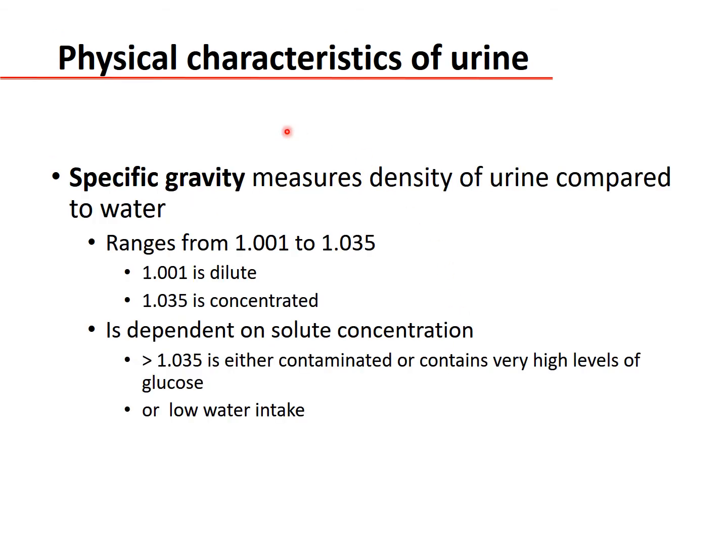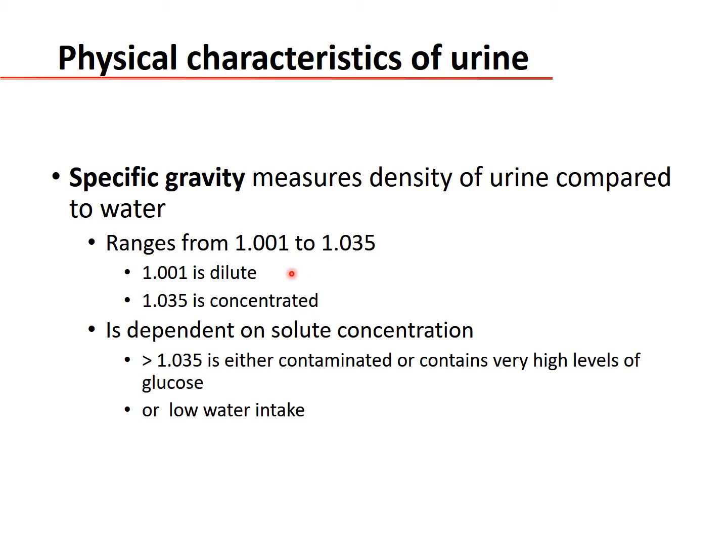There's also specific gravity. The specific gravity measures the density of the urine compared to water. The range is from 1000, which is water, to 1035. The 1000 is close to water when the kidney dilutes, and the 1035 is the most concentrated.